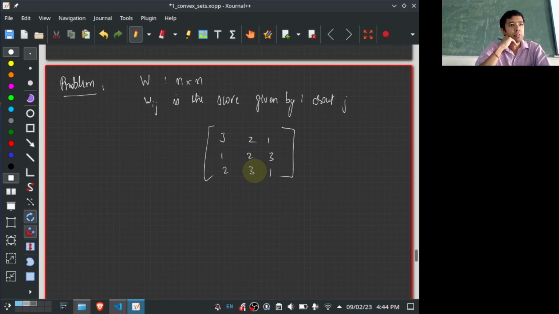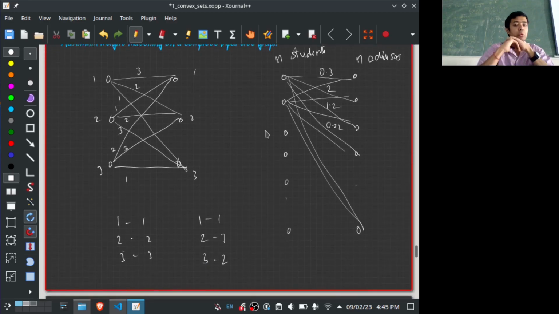Correct? Now ultimately our goal is to generate a matching. Correct? And as you rightly pointed out, matching effectively corresponds to a permutation. Right? So it's just a permutation of 1 to n. That describes the matching. But in terms of this graph that I drew over here, a matching is basically another subgraph of this particular graph. So I had a complete graph with weights on the edges.